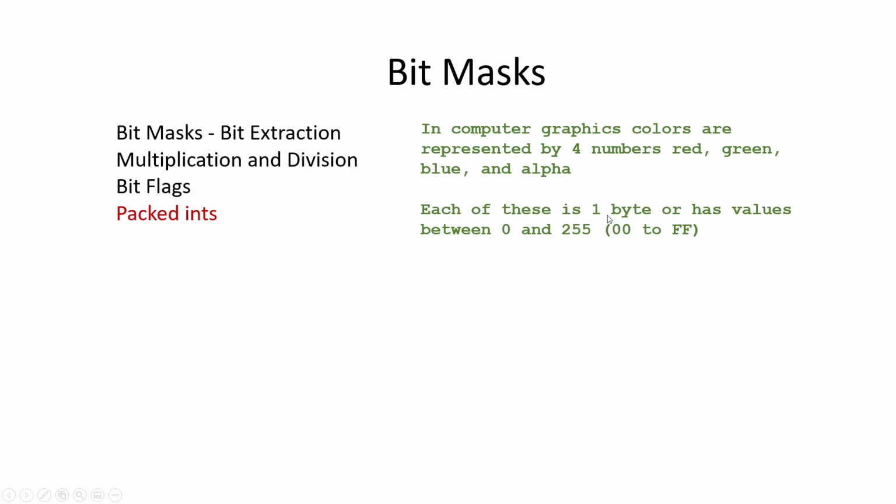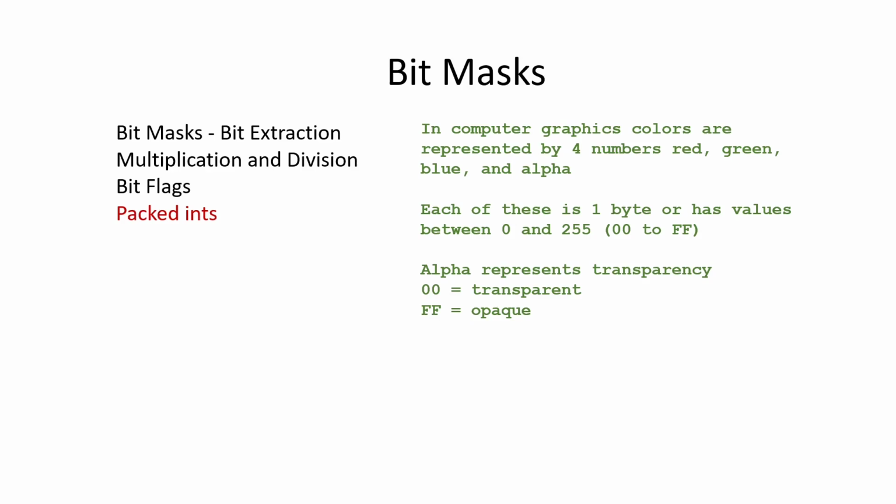Each one of these is going to be 1 byte, so it's got values between 0 and 255, or 0 to FF. And alpha is going to represent the transparency, so 0 alpha would be completely transparent. 255 or FF is going to be completely opaque. That means we can see it. This is used for compositing.